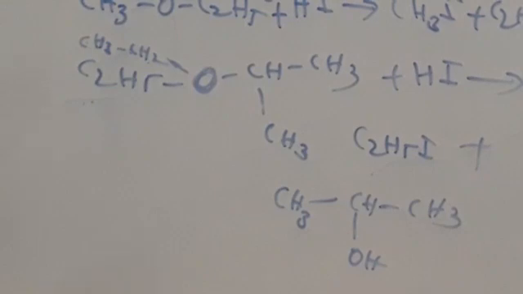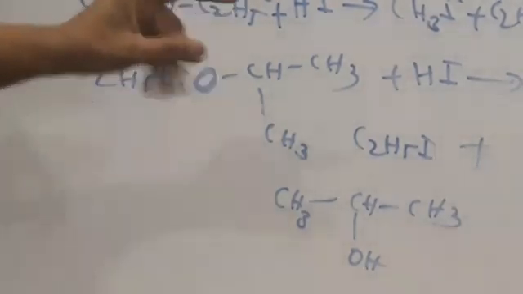Okay. So this is very important. When unsymmetrical ethers react with hydrogen iodide, the iodide ion links with the alkyl group which has the more number of hydrogen atoms.